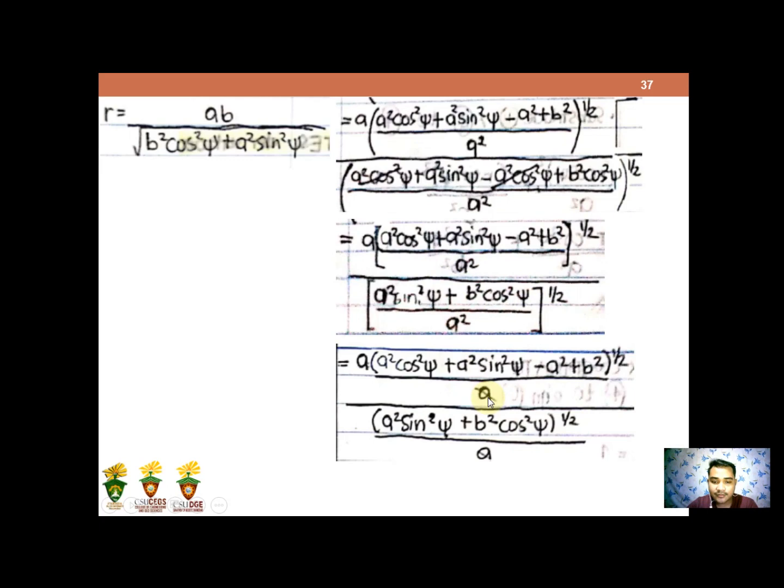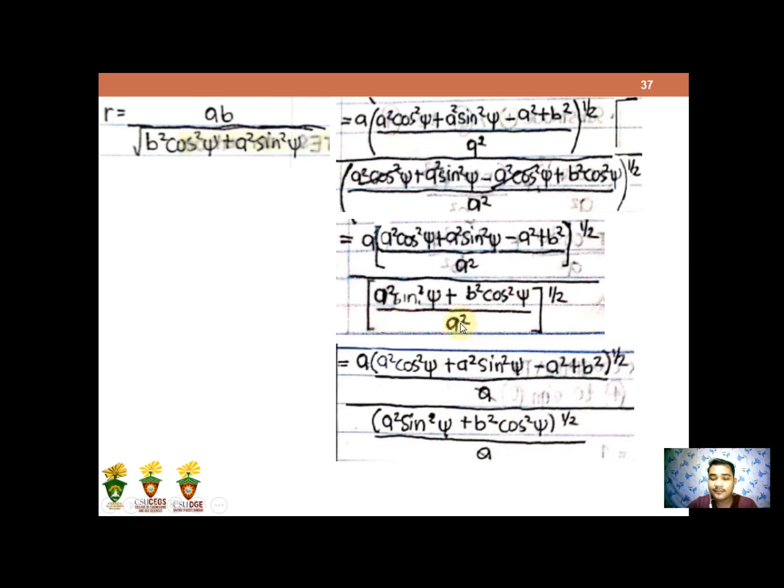Therefore, our equation from this part becomes a times a squared cosine squared geocentric latitude plus a squared sine squared geocentric latitude minus a squared plus b squared, raised to the power of 1/2, all over, since the square root of a squared is just a, all over the denominator: a squared sine squared geocentric latitude plus b squared cosine squared geocentric latitude, raised to the power of 1/2.